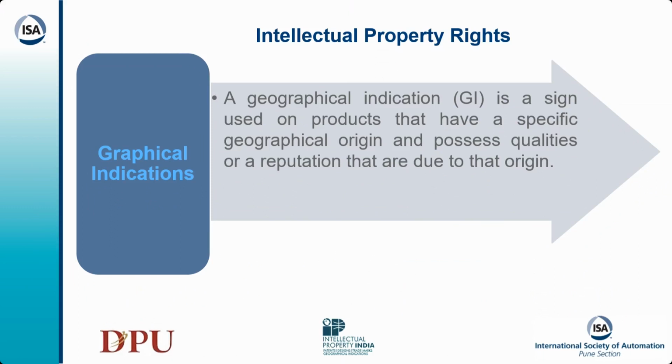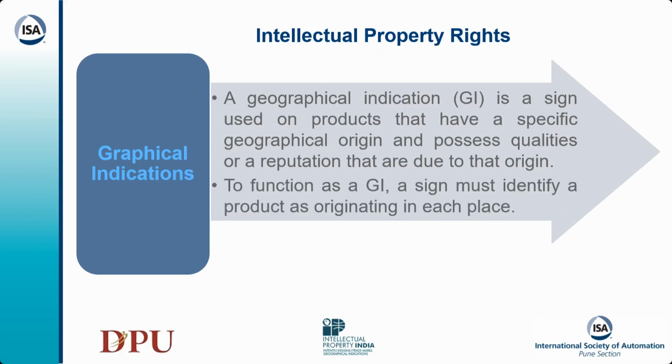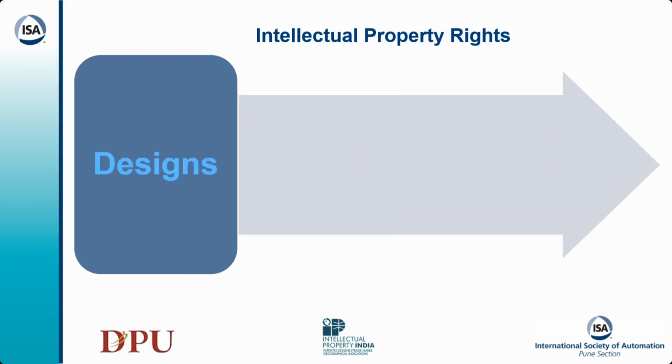To function as a GI, a sign must identify a product as originating in a given place. So where it has originated, that place is very important for the geographical indication. Examples are Darjeeling tea and Solapuri chadar. So these are some of the geographical indications which can be patented.